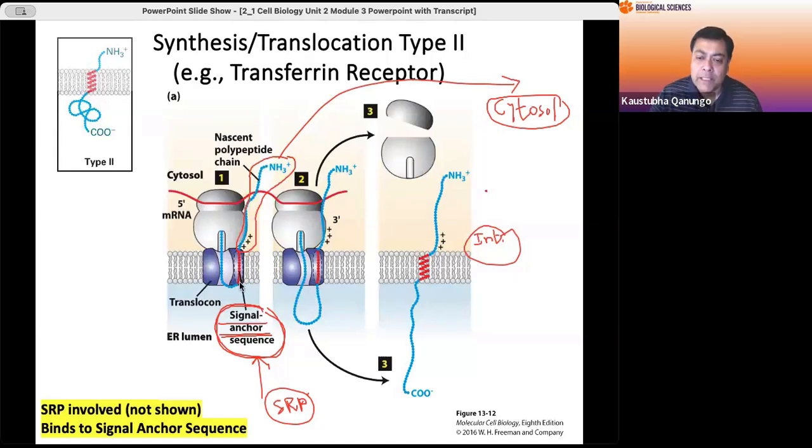Now this is the important part I'm pointing out, and this is very important. There are some plus charges on this part of the protein. The mouth of the translocon also has plus charges, right here. The plus actually repels. So this blue part, which should remain in the cytosol, due to these plus charges, will never be inserted or lured into the lumen of the translocon.